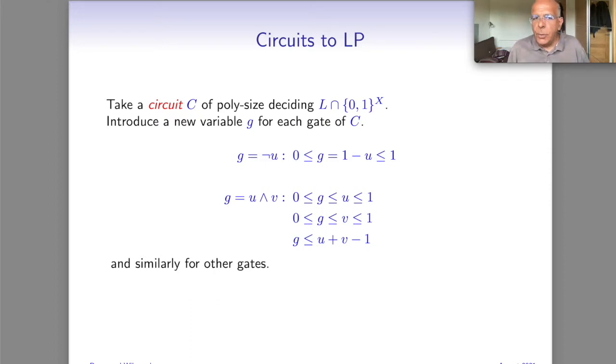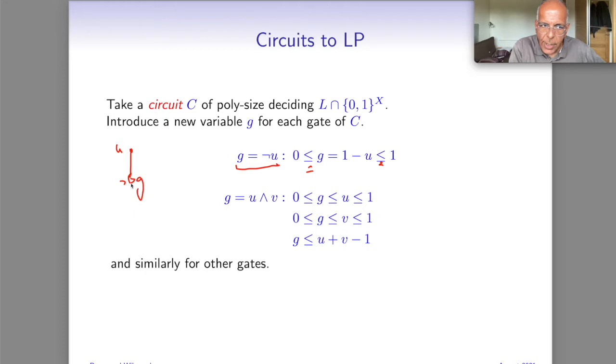And we proceed as follows. We go by induction on the structure of the circuit, and we add constraints. If the gate g is a NOT gate, for instance, we add linear constraints, where u is the variable corresponding to the previous gate, the child of g.